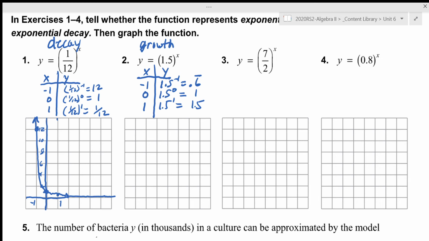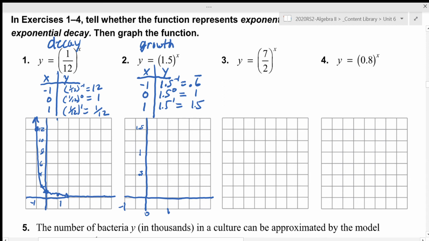Let's graph this. There's the y-axis. Here's my x-axis. I'm going to put -1 right here, 0 here, and 1 here. The y-axis is going to go from 0, we'll put 0.5 right here, 1 right here, and 1.5 up here.